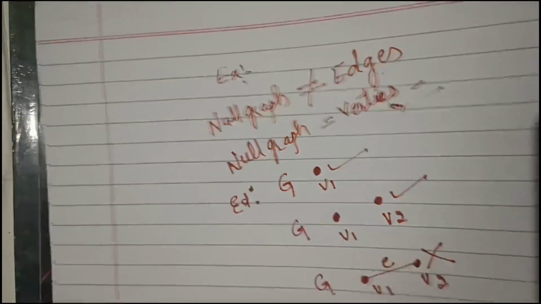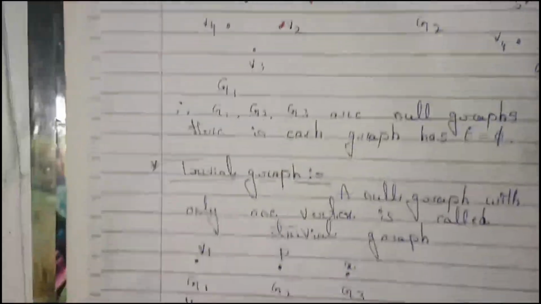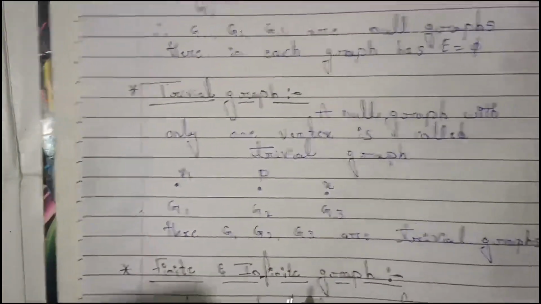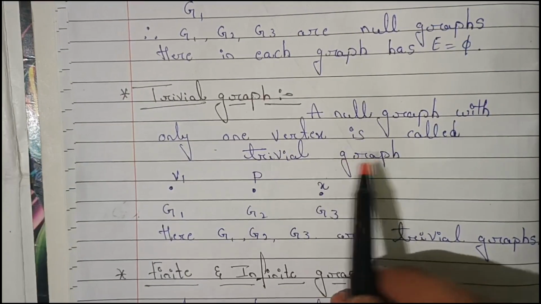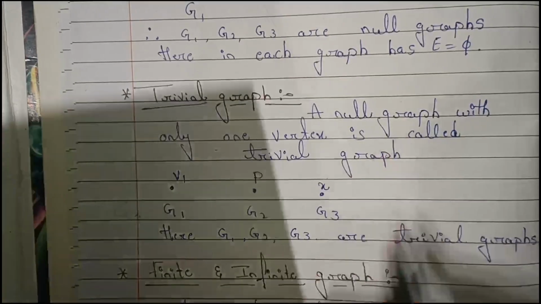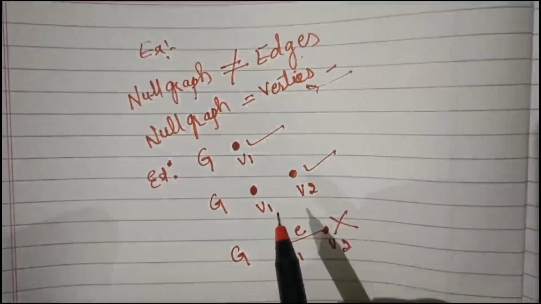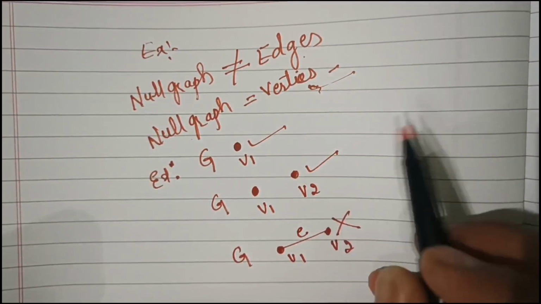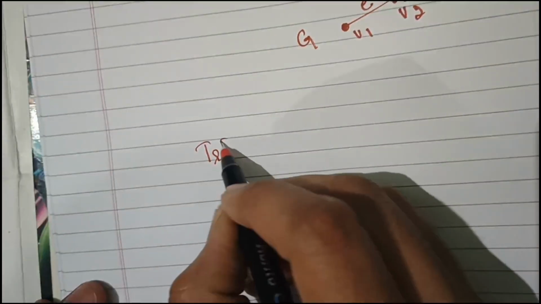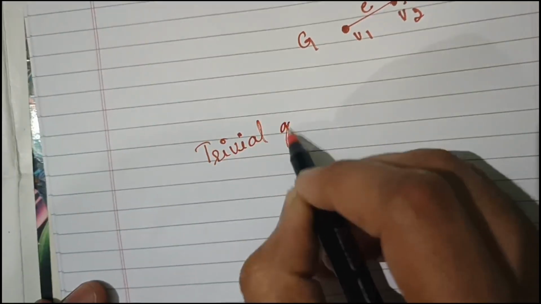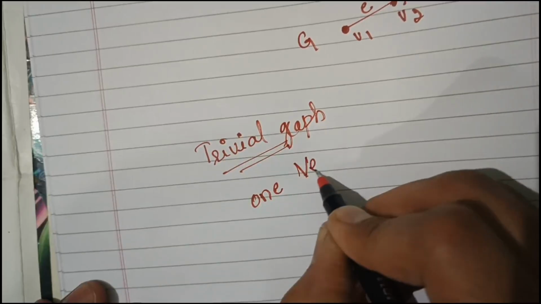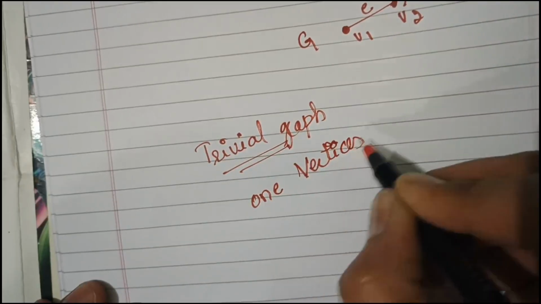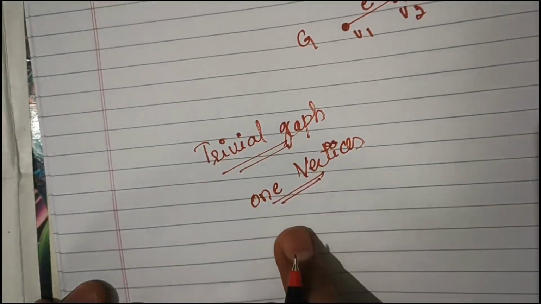Okay. Next we have to see the trivial graph. What is a trivial graph? A null graph with only one vertex is called a trivial graph. We just saw the null graph. A null graph can contain any number of vertices, there is no problem. But the trivial graph should contain only one vertex.